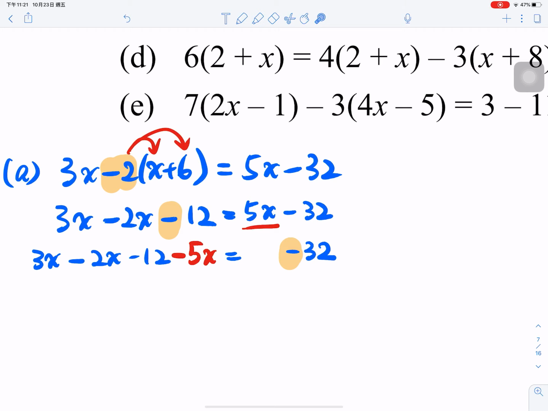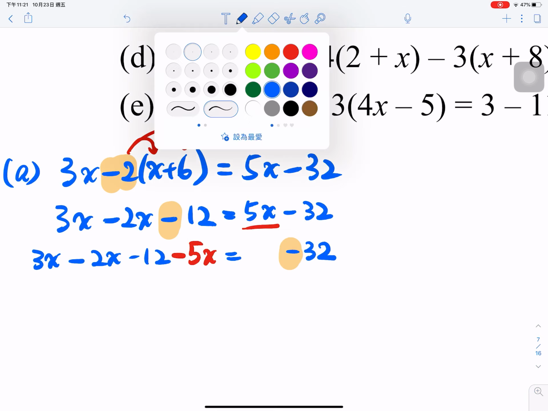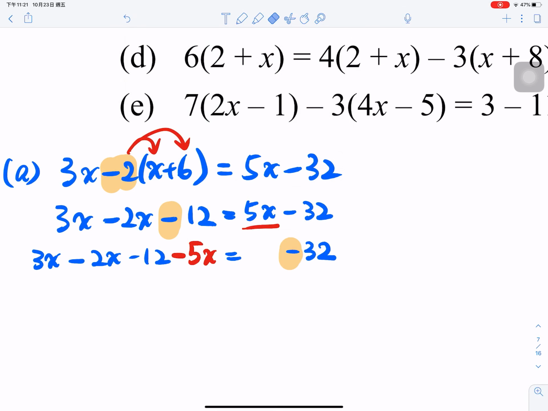So remember this one, negative 32 on the right hand side. Next, here the value minus 12 on the left hand side. So next step, 3x minus 2x minus 5x minus 30, negative 32, and then what should we do?